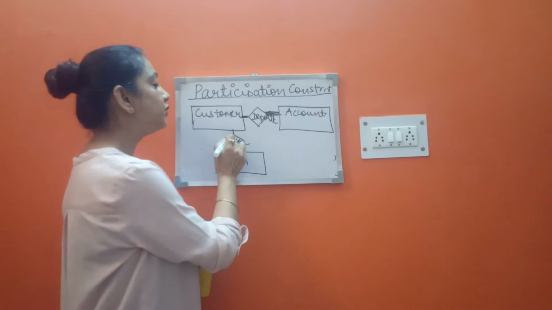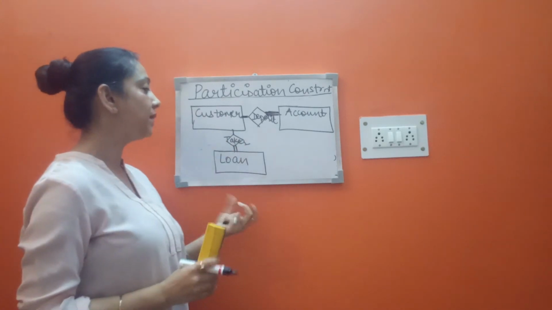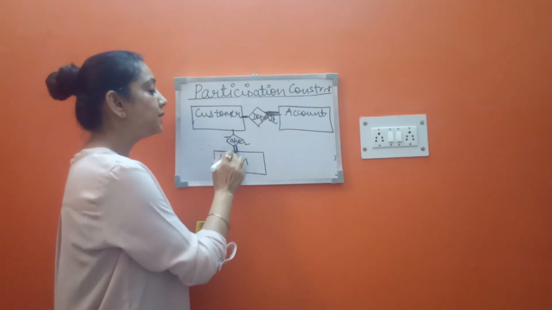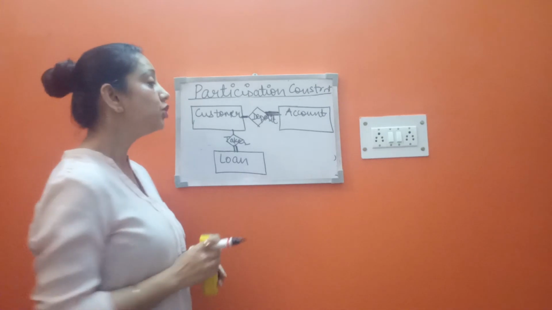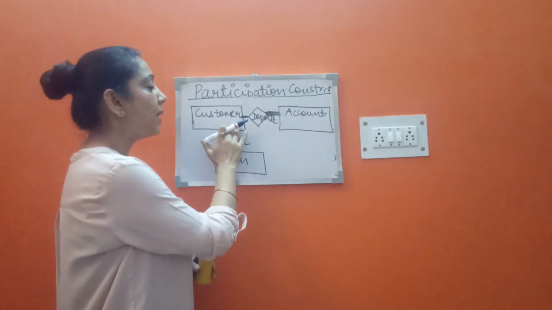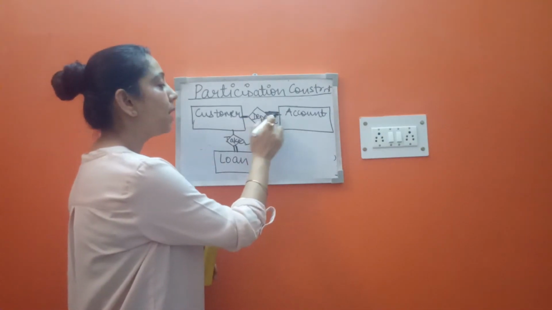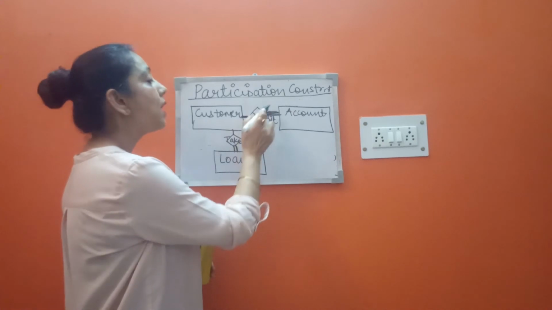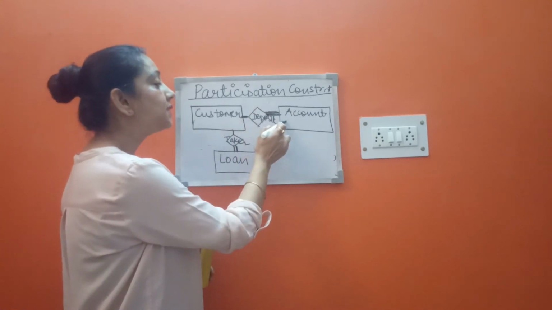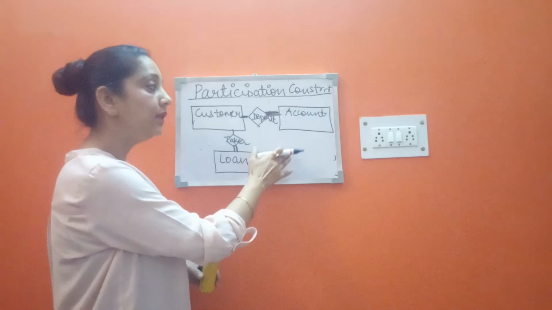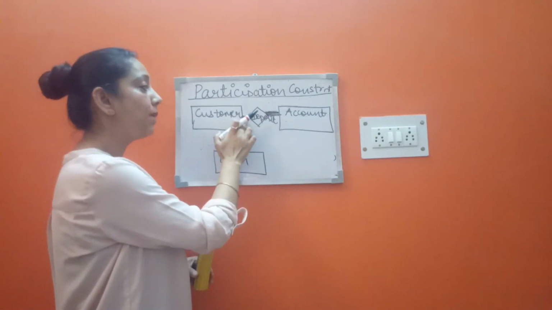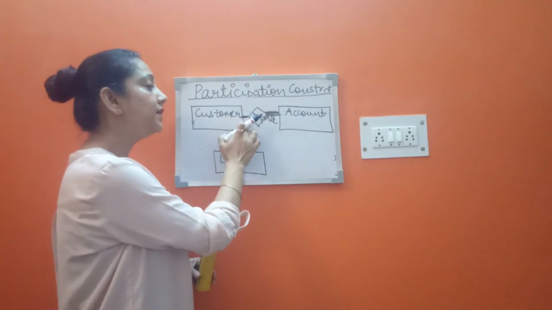And when I have to depict partial participation, it is depicted using this double line. So, partial participation means some of the entities may not participate in the relationship, and total participation means all the entities will participate in the relationship.